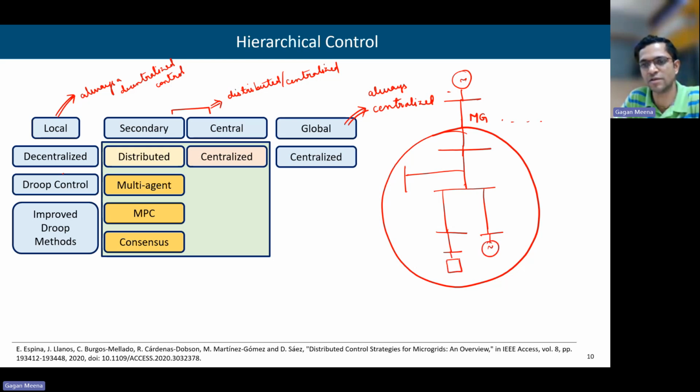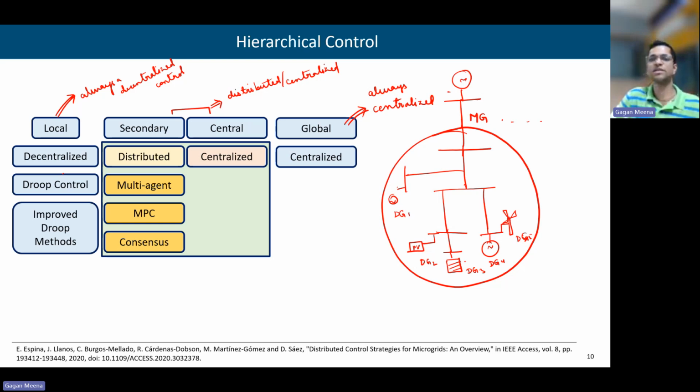This is storage. Here we have PV. We can have a wind farm here, and other sources are also there. Now we have different types of generators, or DGs, here: DG1, DG2, and also DG4 and 5.